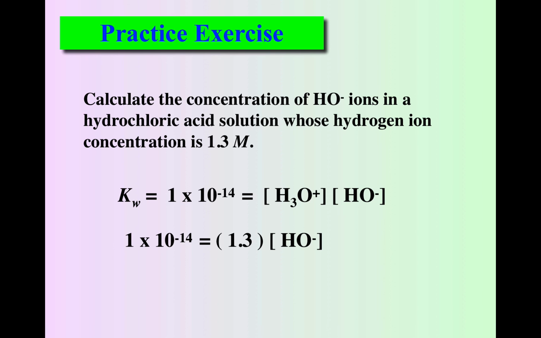If I have a huge concentration of hydronium ion here, the hydroxide concentration has got to go very small if it's going to be equal to 10 to the minus 14. So if I divide both sides by 1.3, the hydroxide concentration is small. I mean, 10 to the minus 15. So it's basically not there. So when I have a huge acid concentration in solution, my hydroxide concentration goes down to nothing if it's going to be equal to that constant, 10 to the minus 14.